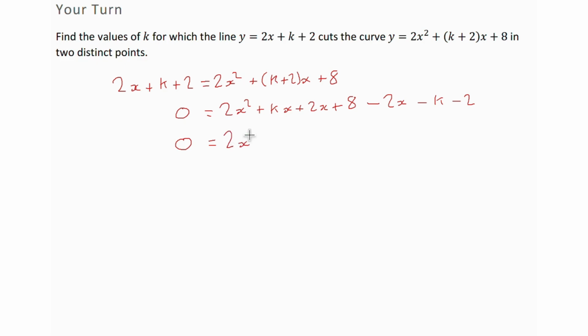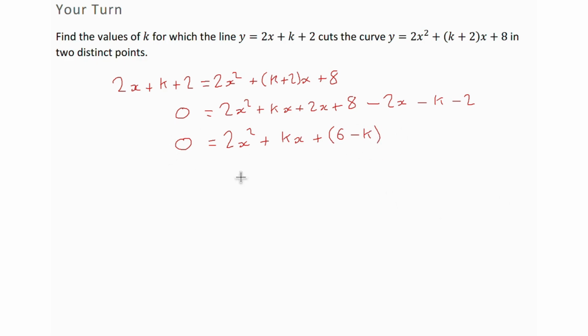Simplifying, 2x squared, now I've got kx plus 2x minus 2x, so I've just got kx left. I've got 8 minus 2 minus k, so that is plus 6 minus k as my constant term.